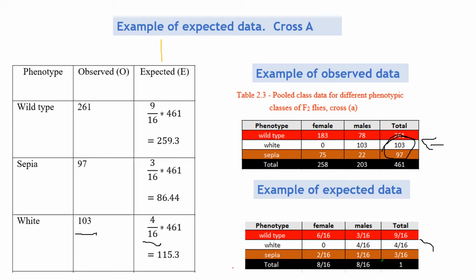Here in the total, all that we are expecting is 4 out of 16. Here it is. And now you multiply by the total number of flies, and it's here, 461. So you were expecting 103. Now you got 115.3 flies. Okay, so it's pretty easy. And if you have any question, let me know.